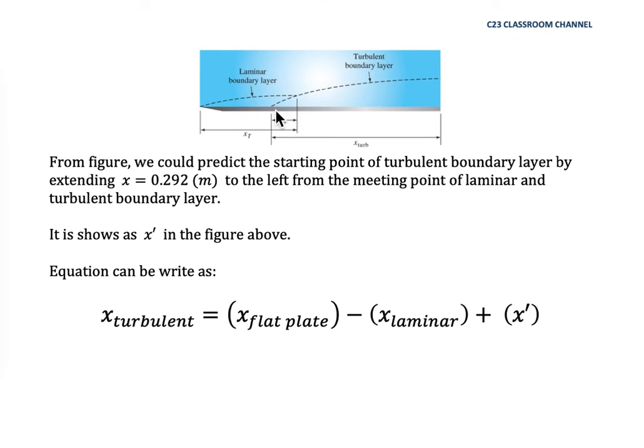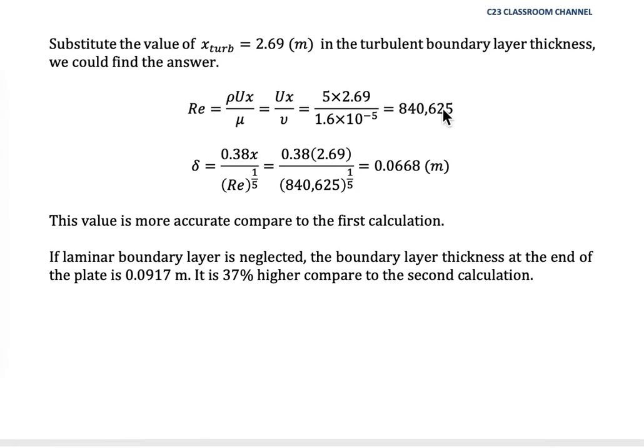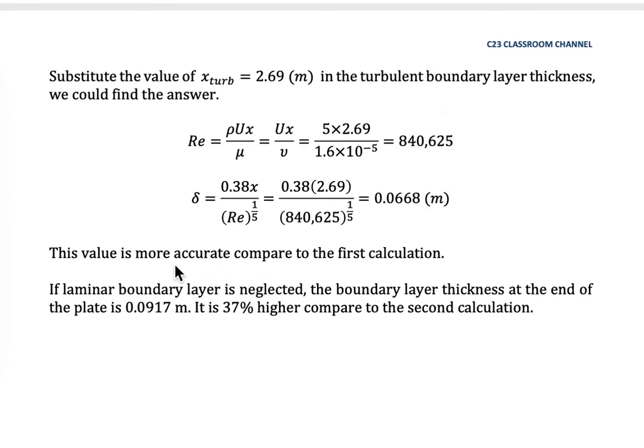So we just calculate the turbulent boundary layer here, and because the length here is only 2.6 something, we could determine the boundary layer thickness here. When we compare with the previous calculation, which totally neglected the existence of the laminar boundary layer, the answer is quite different.